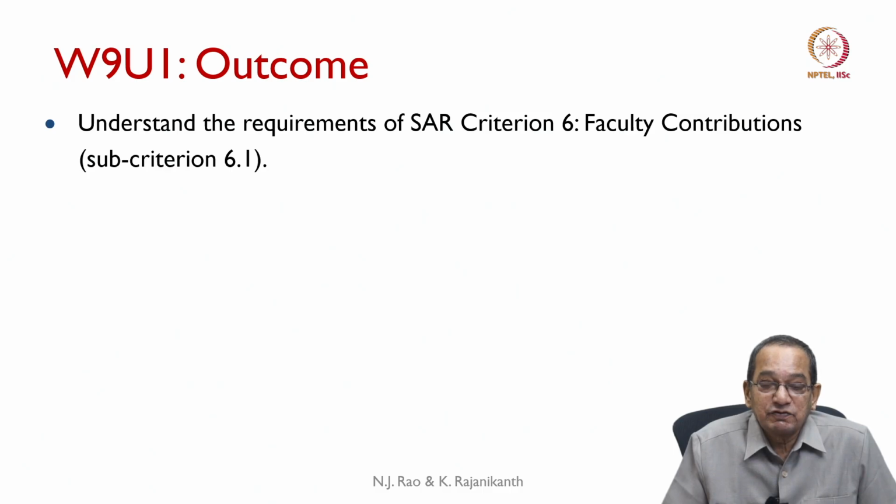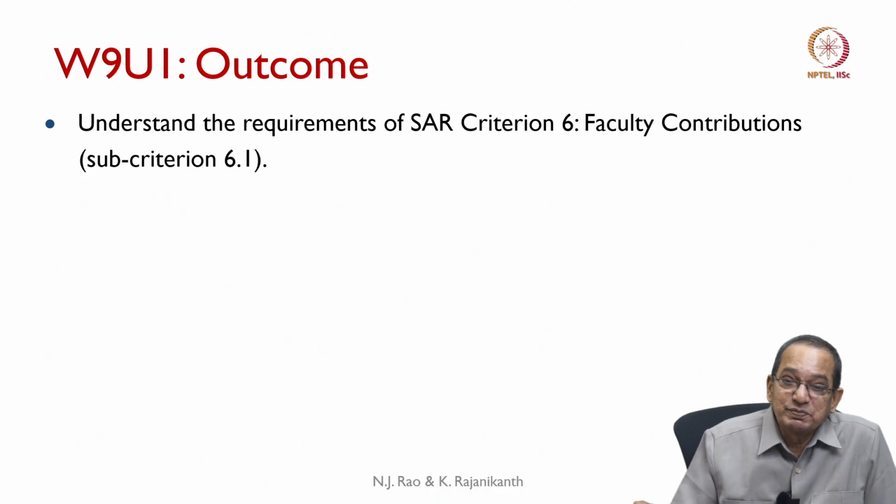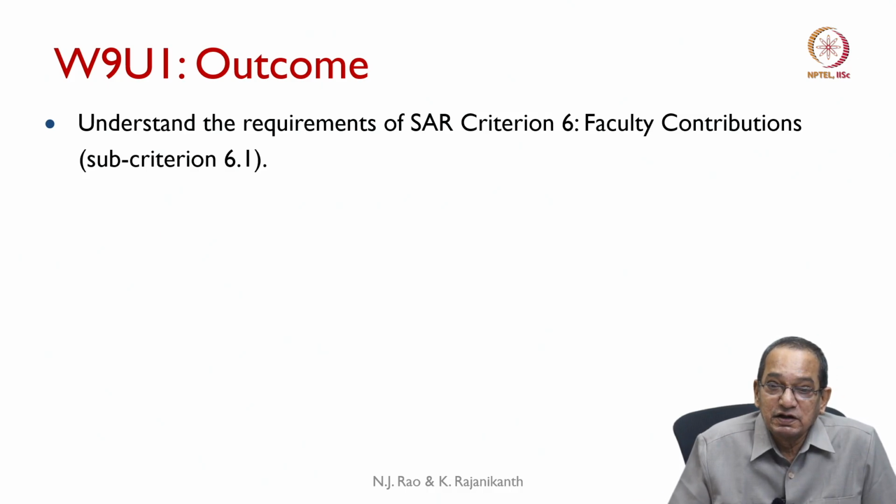In Criterion 5, we are talking of simply the information regarding the faculty. In Criterion 6, we are looking at the contributions of the faculty. So, two criteria are related to only faculty. It shows the importance of faculty in the kind of accreditation perspective that NBA attaches.